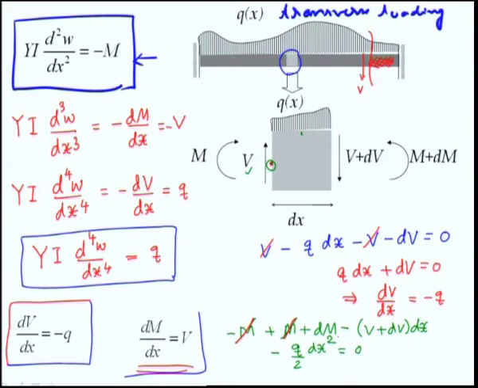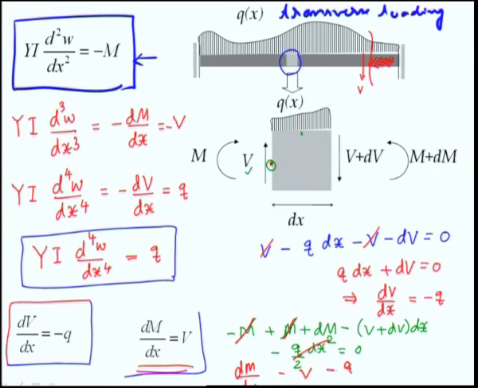What we will be left with, dividing throughout by dx, is dM by dx minus V, and then minus q. This q itself is the force per unit length, as we saw, so we neglect this quantity.